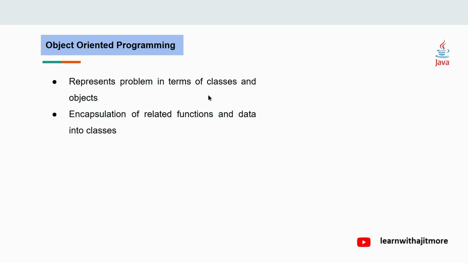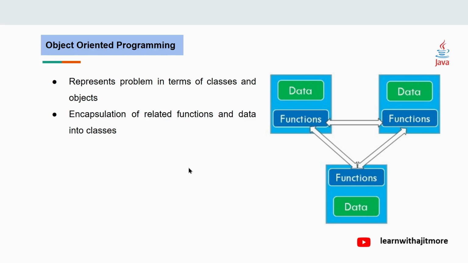Then the related functions and their data, we put into a capsule. So this is one capsule containing functions and the data. And then we have created three copies of it. This is object one, object two, object three. And then they interact with each other only via functions. We created a capsule, then we created copies of those capsules, and those capsule copies are called objects.